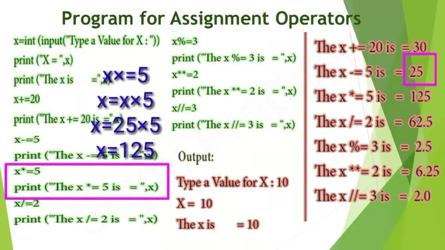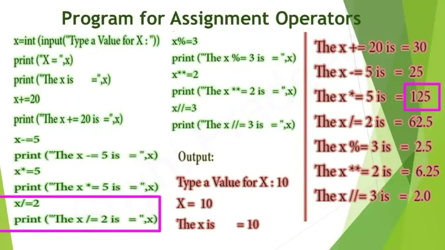X equal to X into 5. What is the value of X? 25. 25 into 5 equal to 125. Now our new X value is 125.